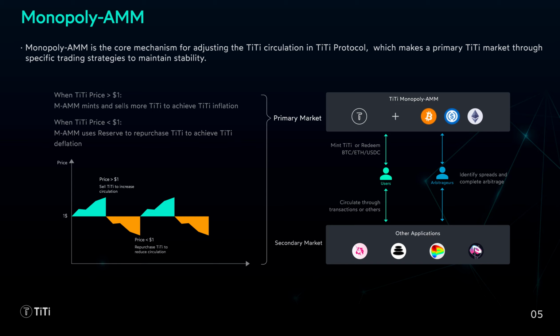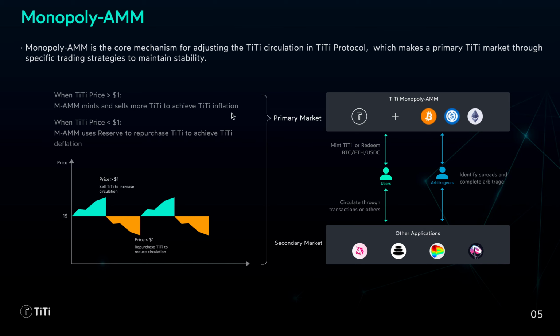So M-AMM is an online decentralized monopoly automatic market making mechanism. Let's see the picture from right to left. TiTi is minted and redeemed from the M-AMM, and the M-AMM detects the supply and demand.